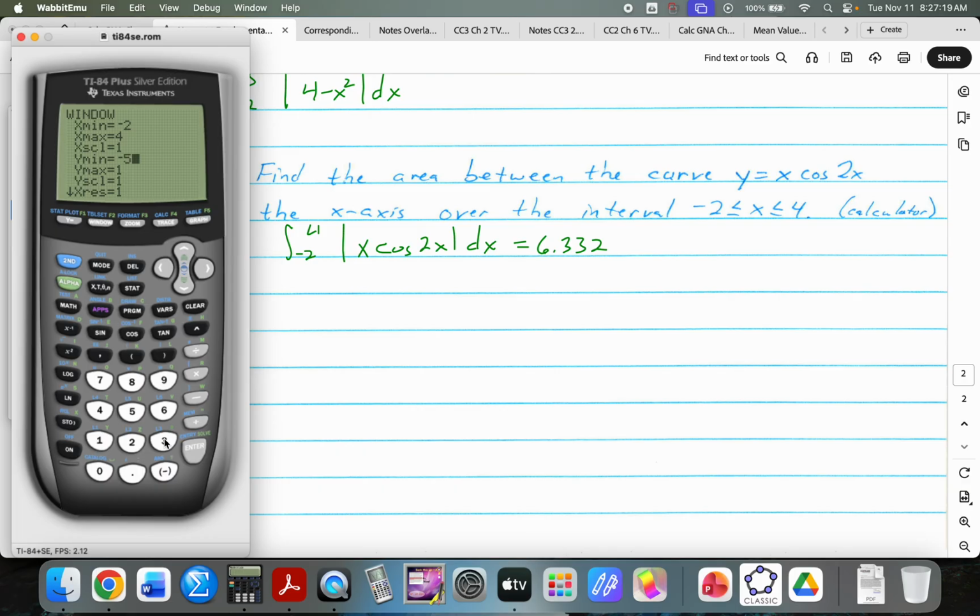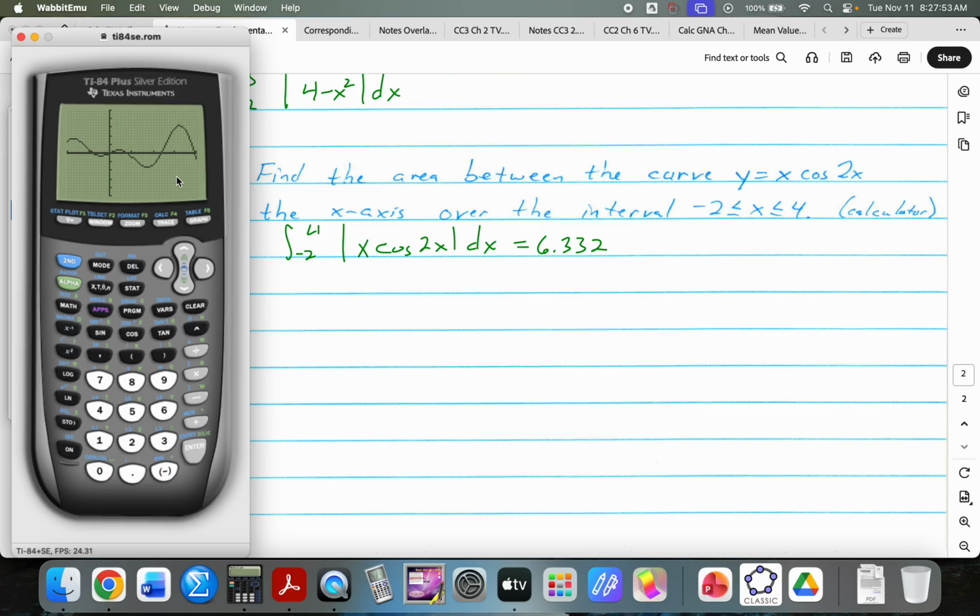I'll go -5 to 5. That may not be big enough, but that's okay. Oh, what a pain this would be, because you'd have to do this part minus this part, plus this part, minus this part, plus this part, minus this little piece over here. You can see that the absolute value makes it a lot better.